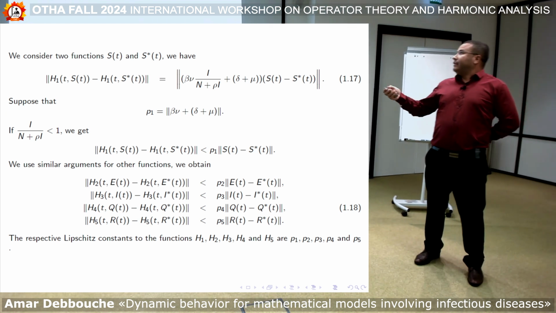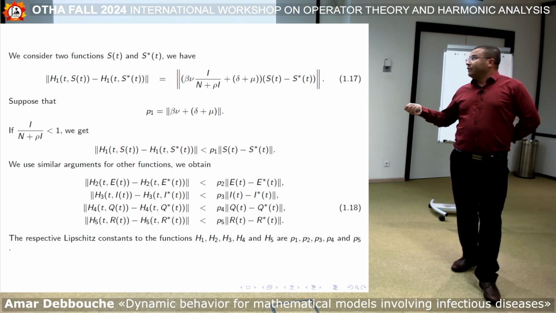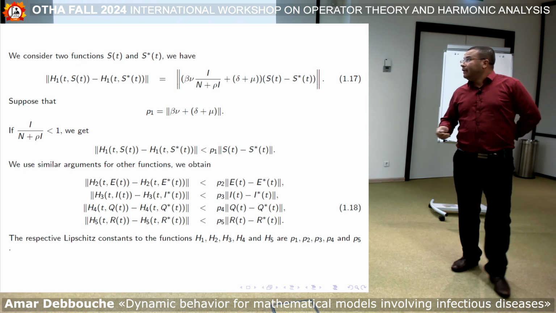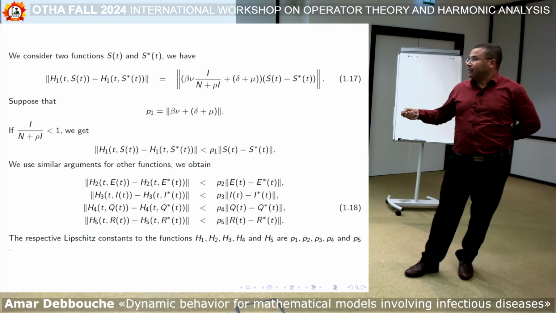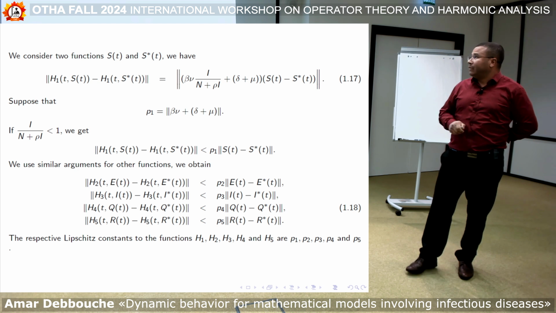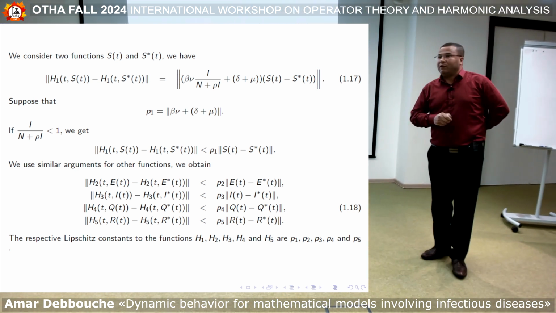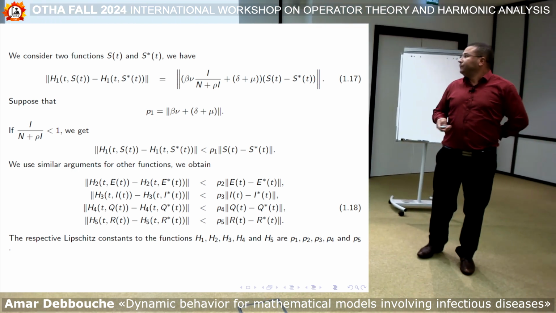Okay, so it is easy to check that each kernel satisfies the Lipschitz condition by taking the norm of this difference and estimating it, provided this sufficient condition is satisfied with this Lipschitz constant. This is for the first equation, and we continue with the other equations.